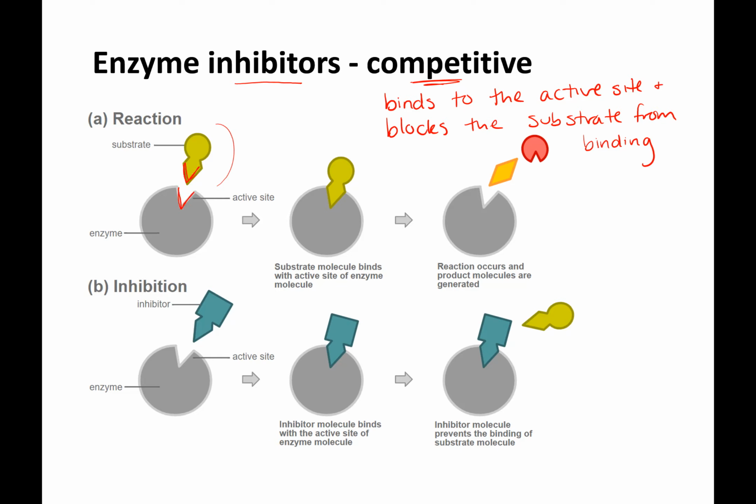It has to fit right there, and it binds to the active site, and the reaction happens. With a competitive inhibitor, the inhibitor actually has a very similar shape to the substrate. So the inhibitor binds to the active site, and that blocks the substrate. Now the substrate can't bind, and you don't get the chemical reaction happening. Okay? So competitive inhibitors compete for active site binding, and by blocking the ability of the substrate to interact with the enzyme, no chemical reaction happens.